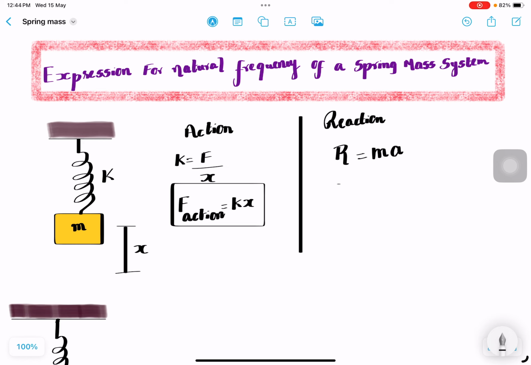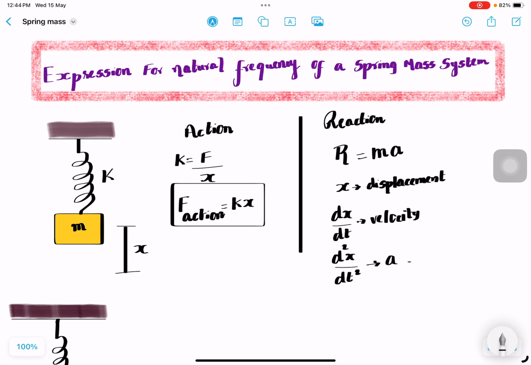We know that x is the expression for displacement, and dx by dt, or x dot, is the expression for velocity. So we know that the expression for acceleration is d square x by dt square. Mathematics is just like moving objects.